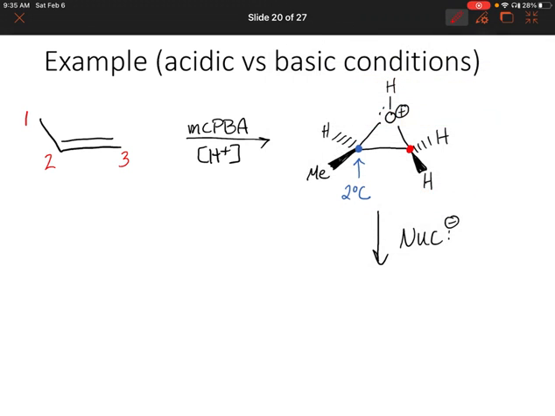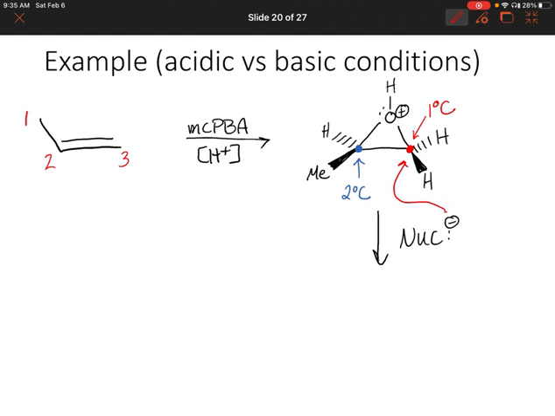What about the red carbon? Is that primary, secondary, or tertiary? It's primary. It's only bonded to one other carbon. So which one would the nucleophile attack? The primary carbon, because we don't have a tertiary carbon available.